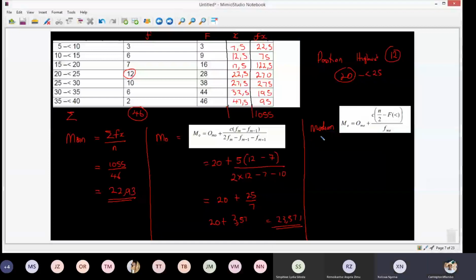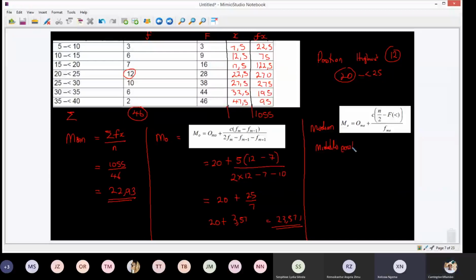Right, for the median, what do we have to find? Kolis, you can continue. Don't you find the middle position first? Yes, what's the middle position? It's 46 divided by 2, right? Divided by 2.